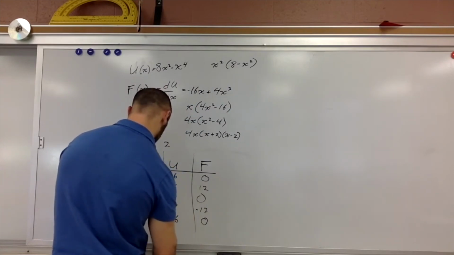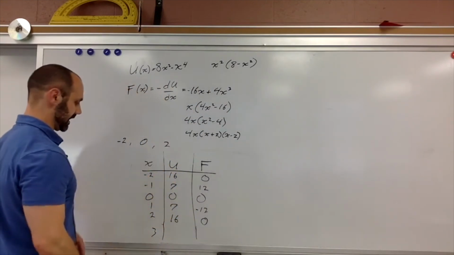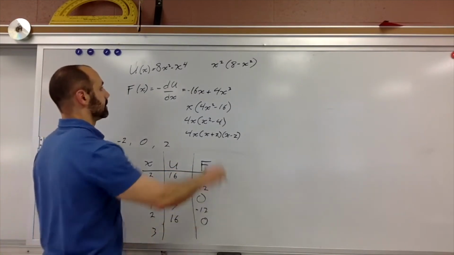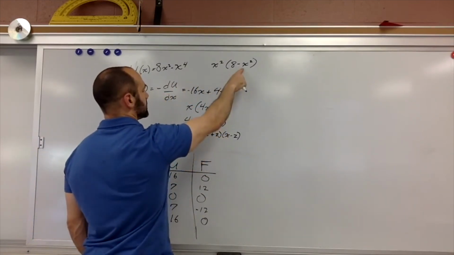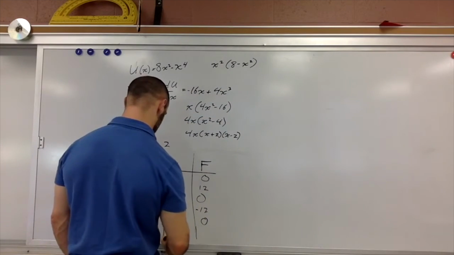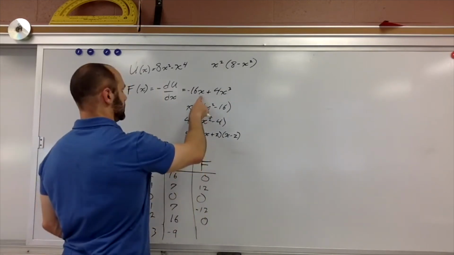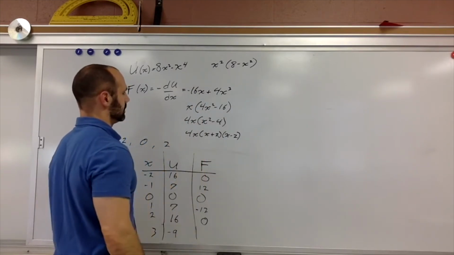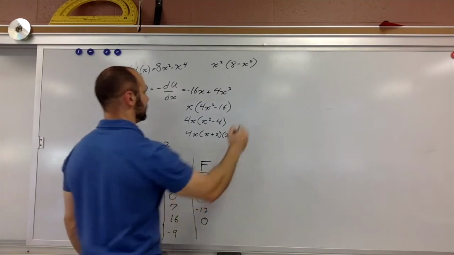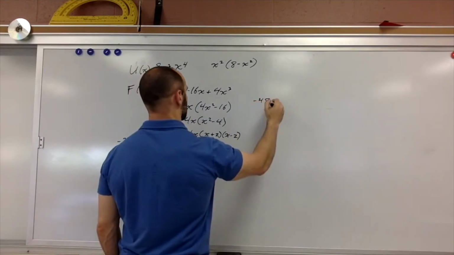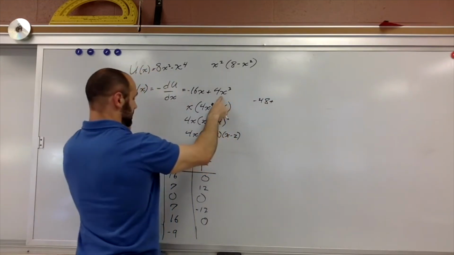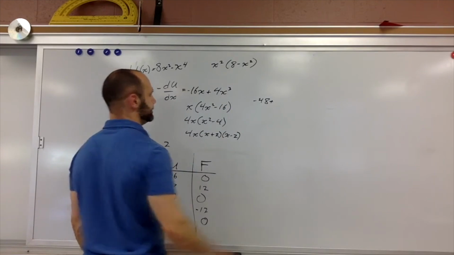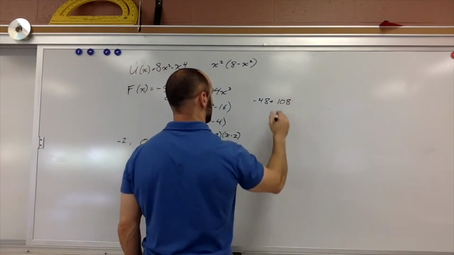What if I put in a 3, so I can see where this is going after 2? 3 squared is 9, 8 times 9 is 72 minus 81, so the potential energy is negative 9. For the force, 3 into this, 16 times 3 is 48, and 27 times 4 is 108, so the force is 60.